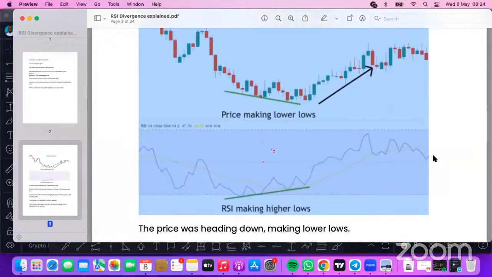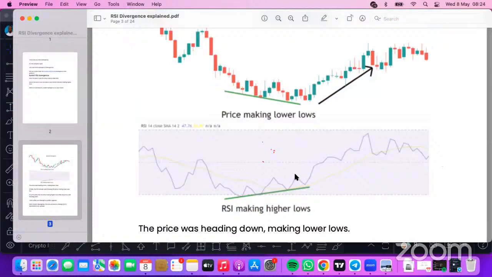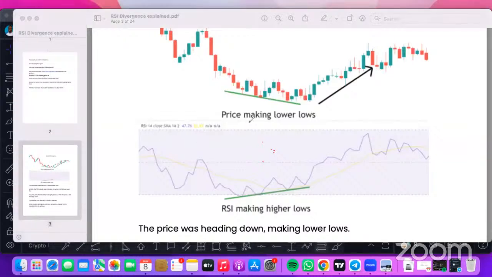Okay. Now, what happens below is our relative strength index. You see the market is forming lower lows, but the stochastic RSI is making higher lows.